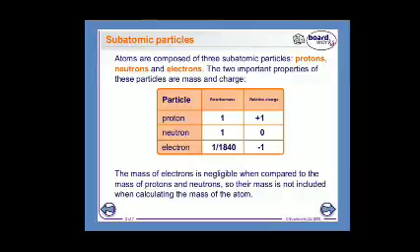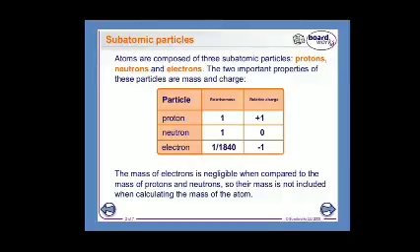So electron weight is equal to 1 by 1840, and the charge of electron is -1.